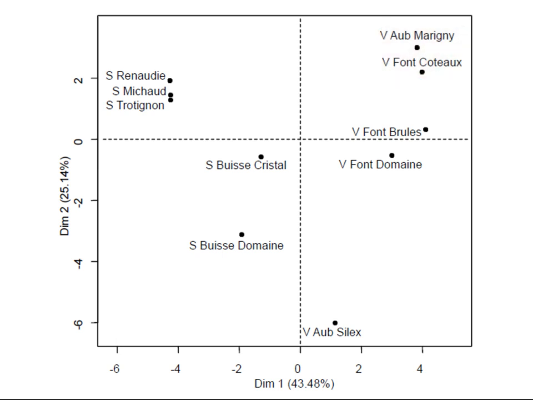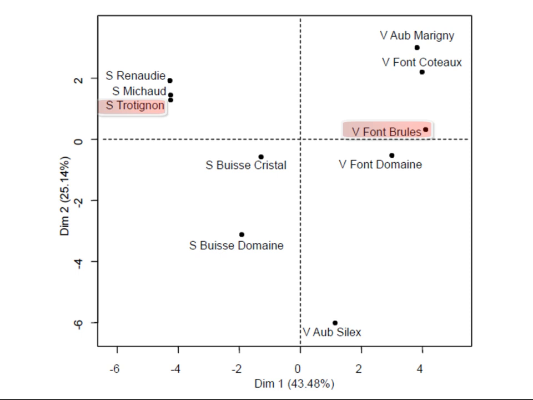On the other hand, Fontaine-Brûlé and S. Trottignon have very different sensory profiles because the first principal component, the first principal axis of variability between the wines, separates these two wines. Since these two wines are far on the first dimension, it means that they are very different, because the first dimension is the one that separates the points as much as possible.